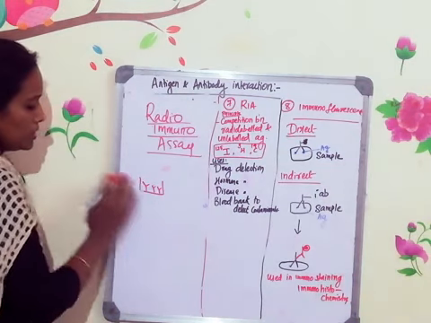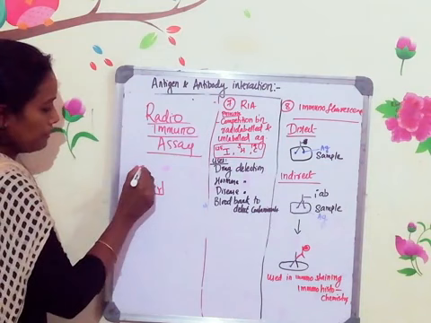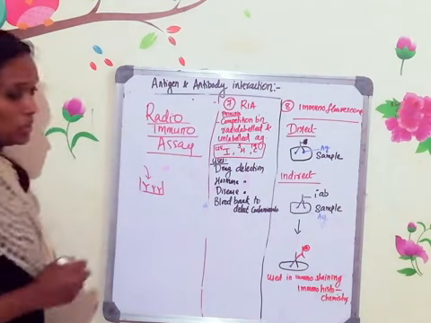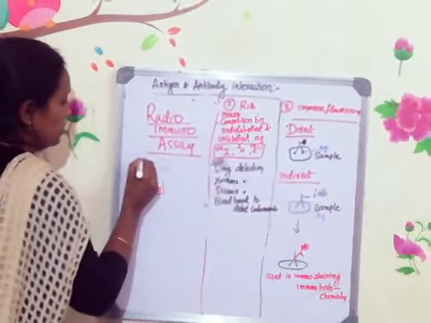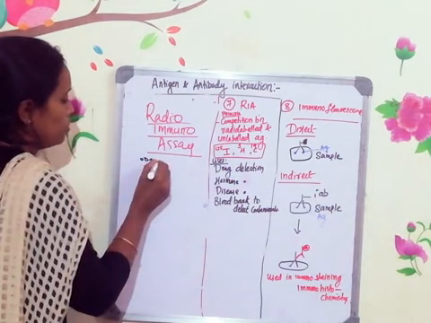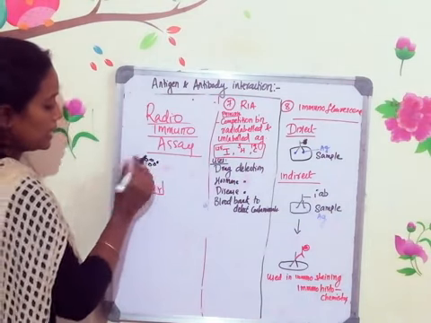Now into this microtiter well, you have to add the labeled antigen. For the labeled antigen, I am giving you black.